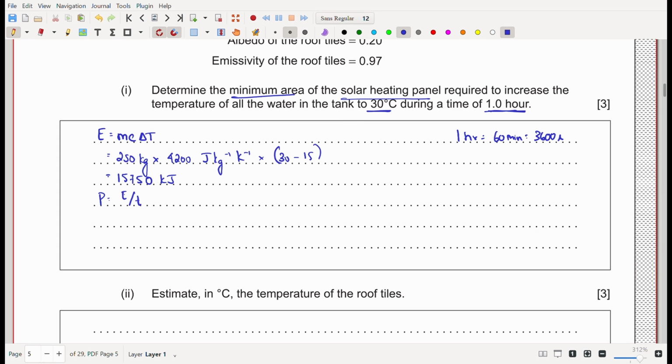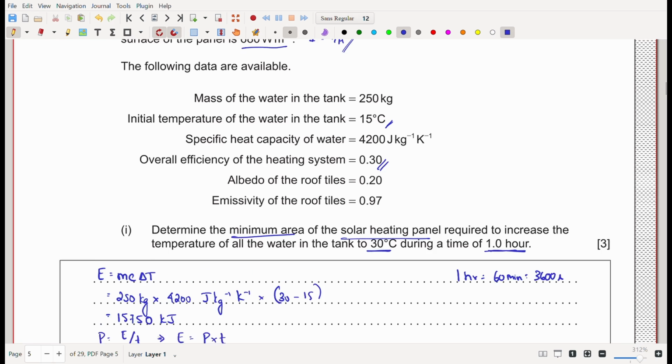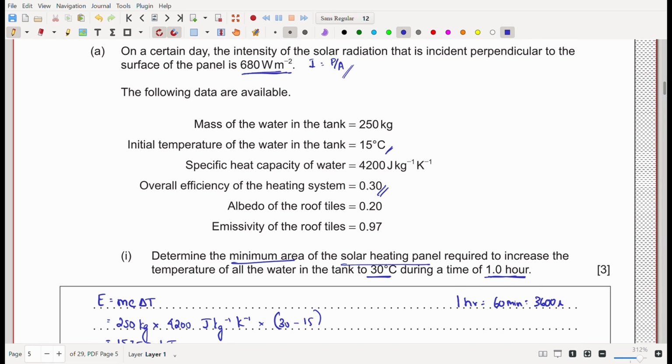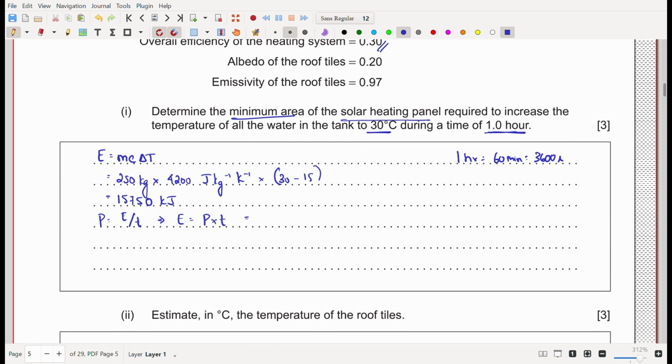Now, this means that if we were to rewrite this, our energy input would be the power times time. And since we have an intensity, we can write intensity × area × time. And we have an efficiency as well, so let's write that out.